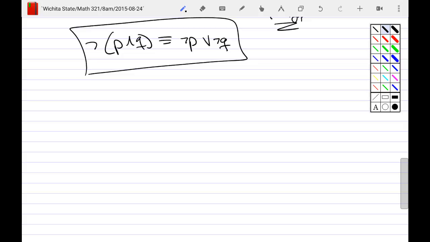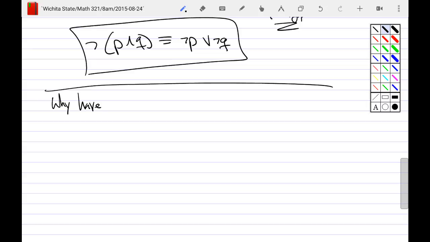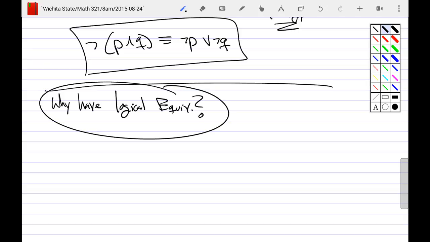All right, what's the purpose of all these things? Why are we interested in them? Of which we're going to get a bunch of these here in a bit. Well, we've done a lot of equivalencies before, like in college algebra. In college algebra, we say, here's an algebraic expression, and we replace it with an equivalent algebraic expression.